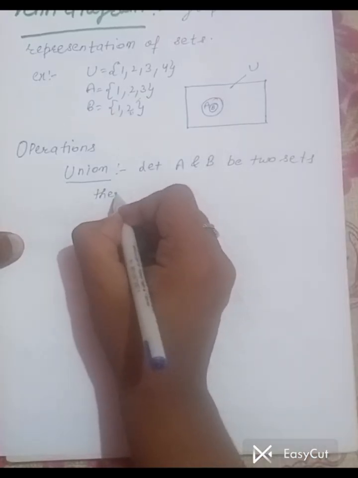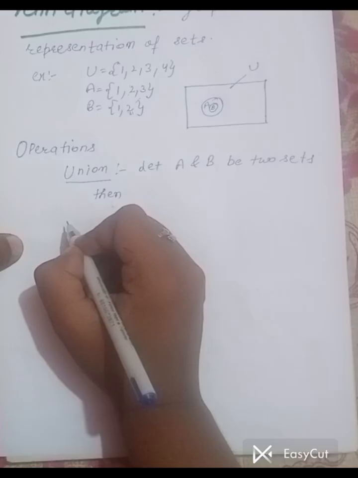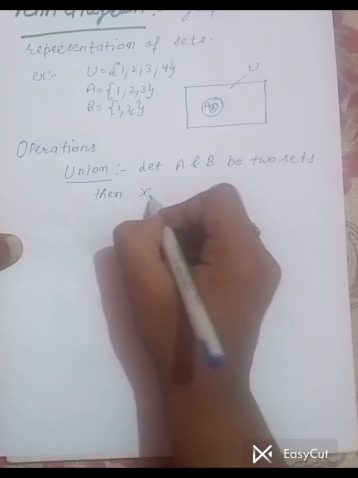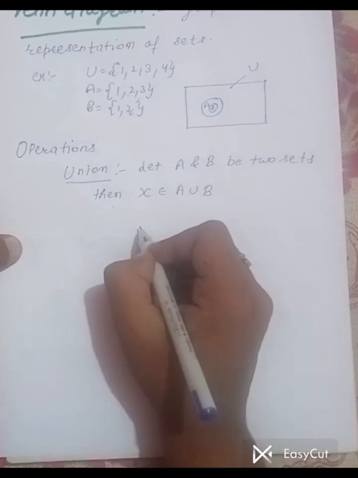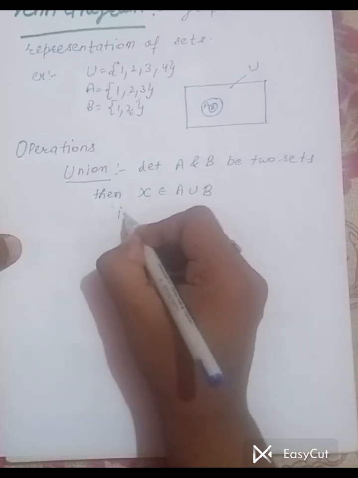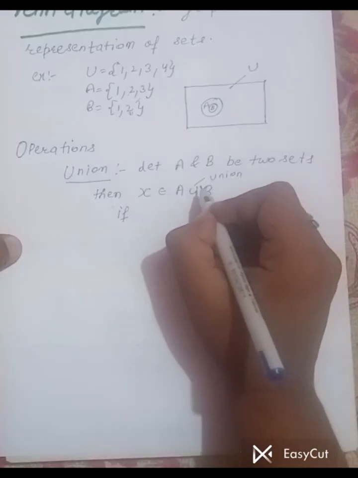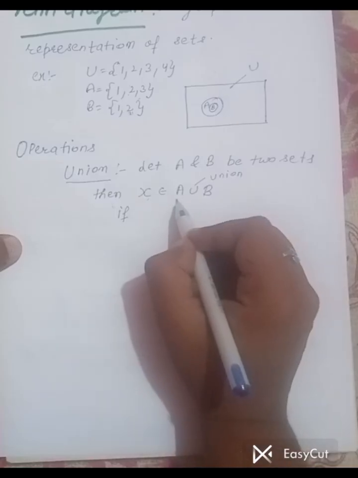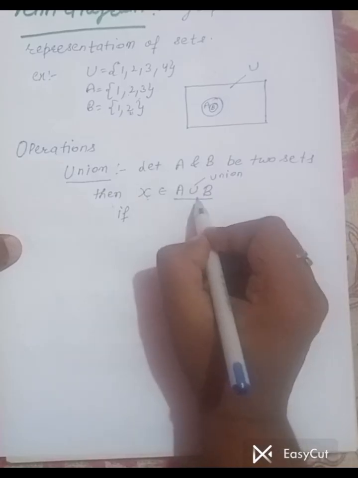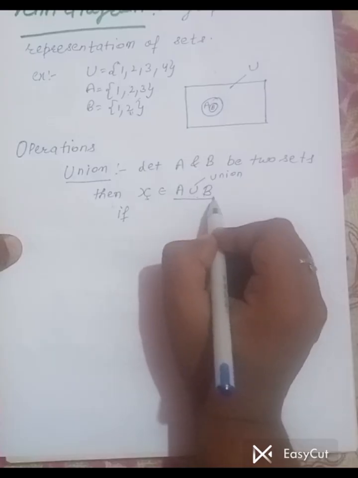Then X belongs to A union B. If there is an element X that belongs to A union B, what is the special property it has to have to be in A union B?